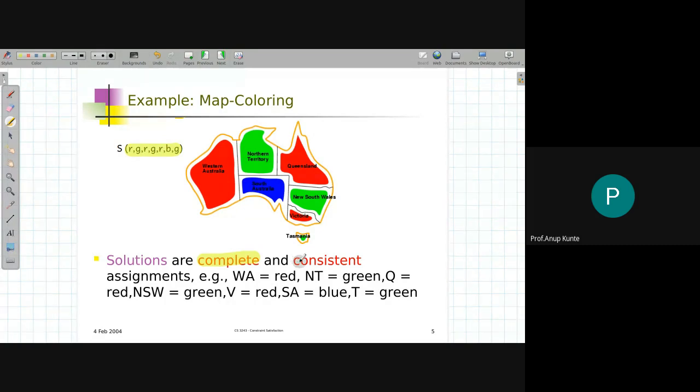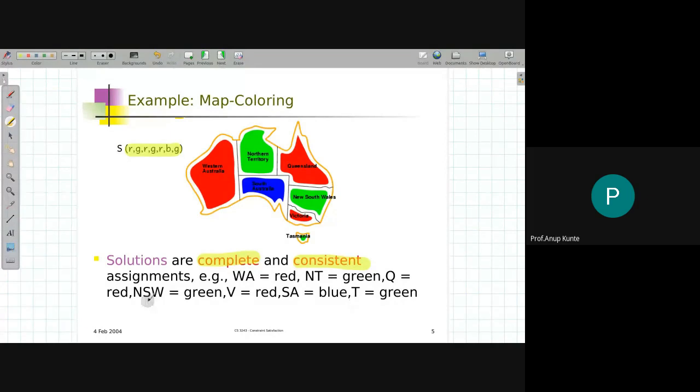Second, it is consistent because it does not violate any constraint of the given problem. That means every region is colored with one of the three colors that are given to us. I don't have any color used other than that. And the second constraint was that no two adjacent regions are colored with the same color. So you can visualize it and understand that yes, it is the correct solution of the problem.